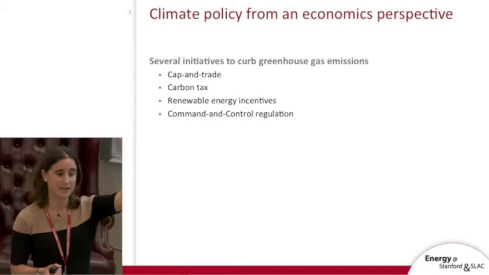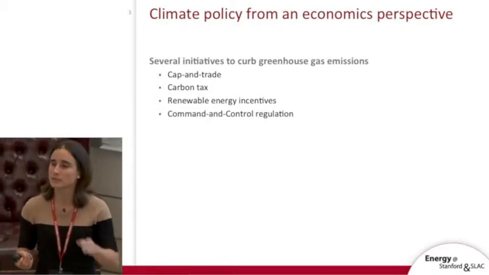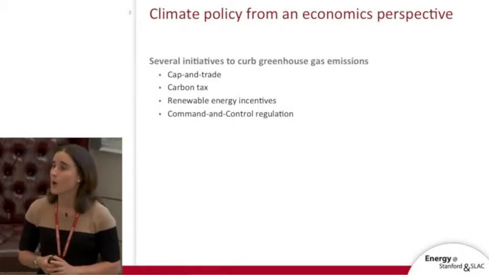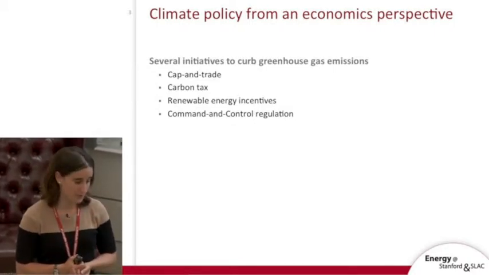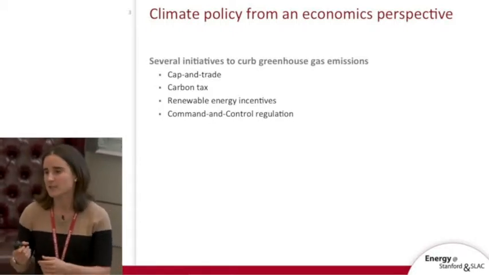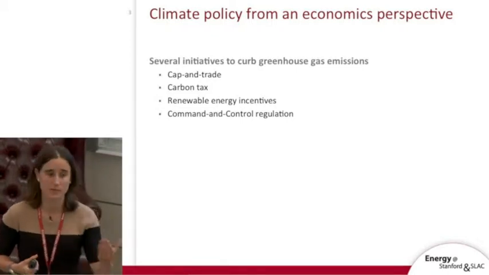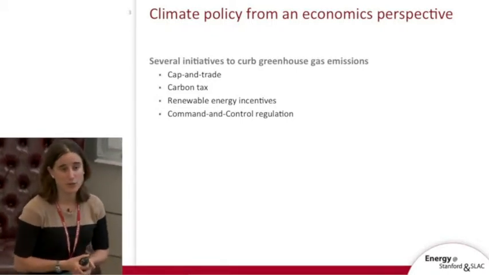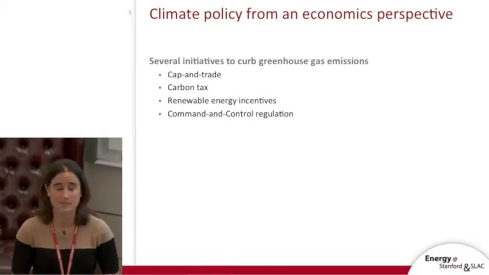So instead of putting a cap and letting people trade for those emissions, an alternative is to put a price directly on them. That is used in other settings where we price pollution. There are many settings where firms pay environmental taxes for emitting a certain amount of emissions, or also for emitting a certain amount of fluids in the rivers.